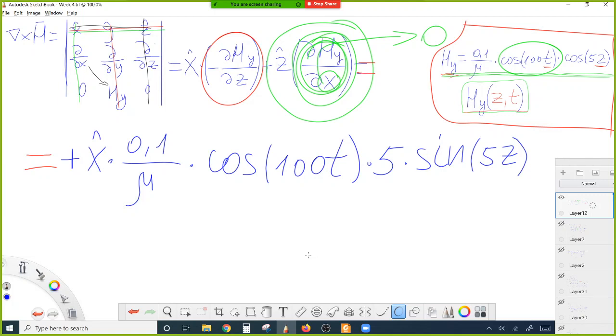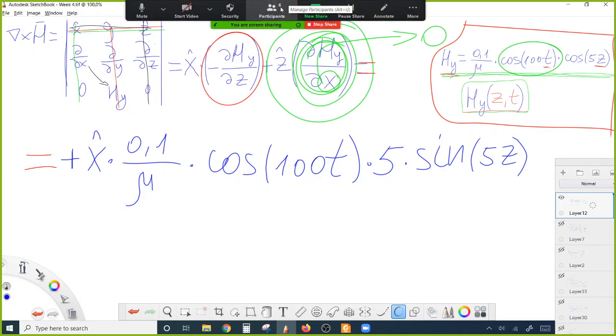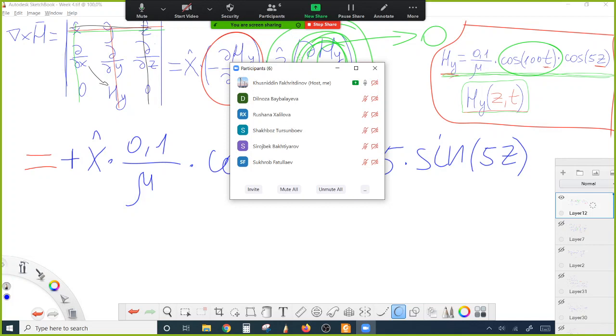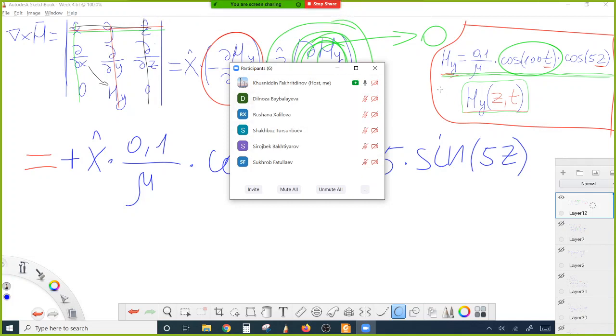Okay, this is the rotor of H. Okay, let me check.